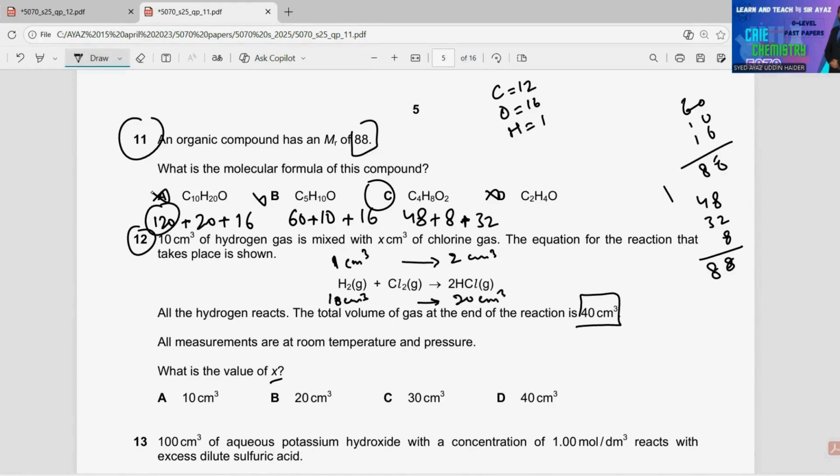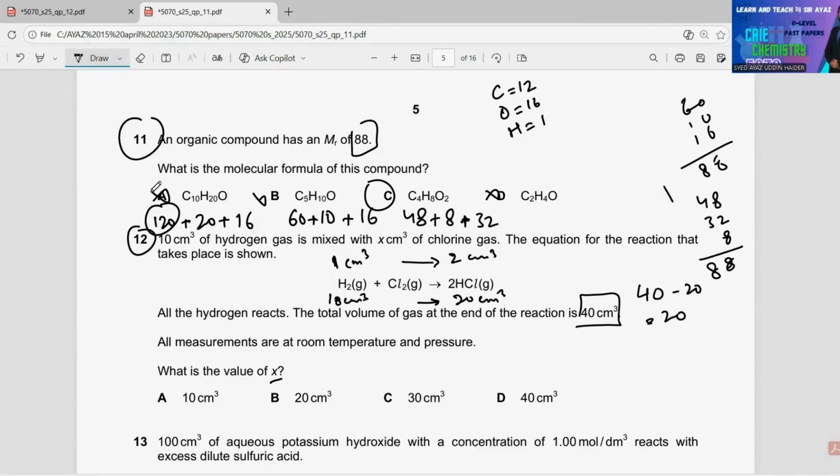They are saying at the end of the reaction it's 40, not 20, and all the hydrogen has reacted. Some of the chlorine will be left, so we have excess chlorine. If I subtract 20 from 40, we get 20.